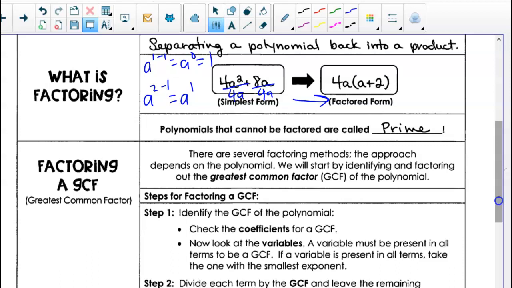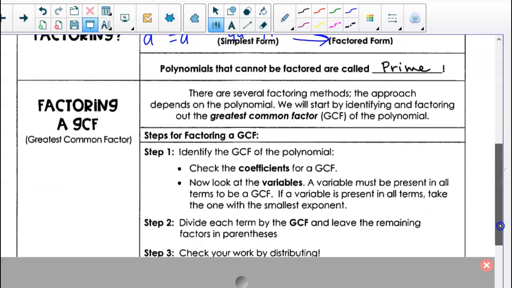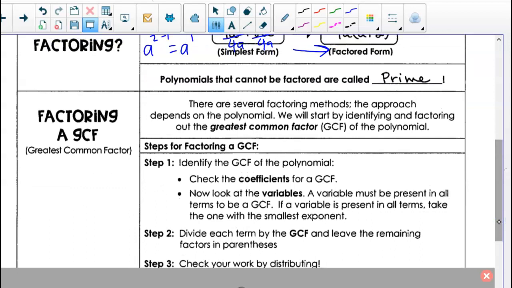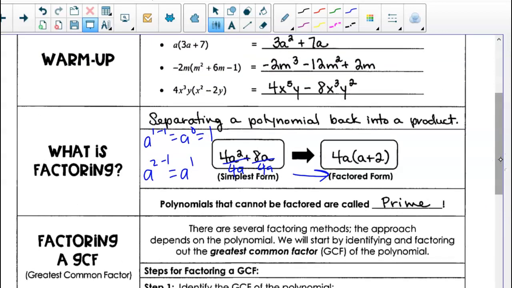So the factored form would be 4a times a plus 2. We could always go back and distribute to make sure that it works. So 4a times a, if I'm remembering my exponent rules, if I'm multiplying like bases, I'm adding my exponents.